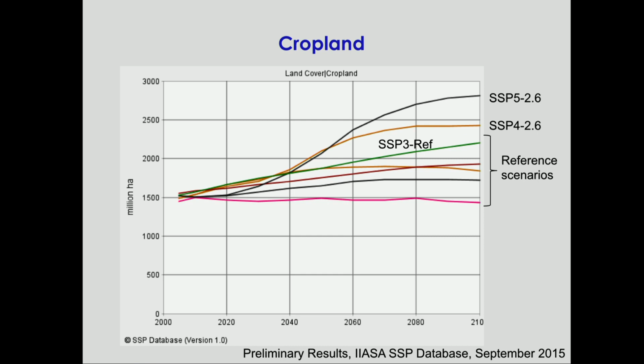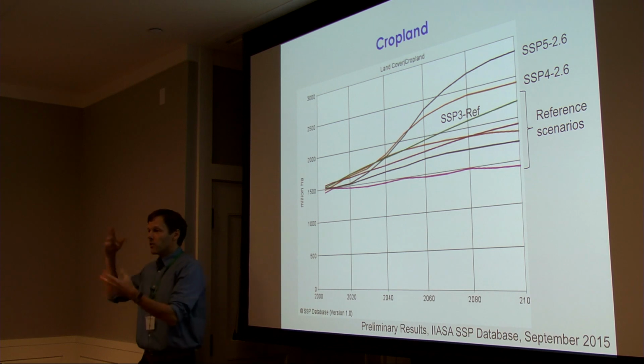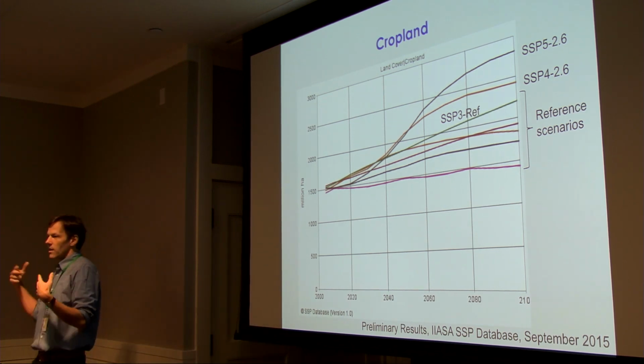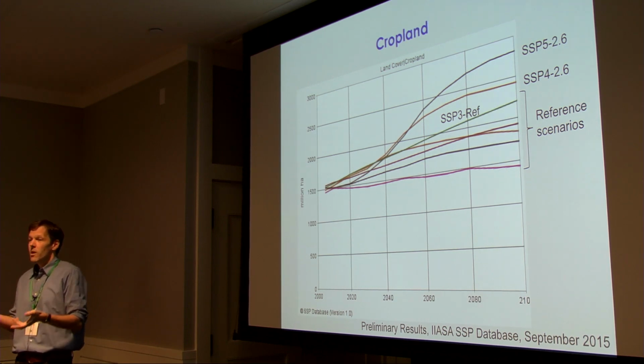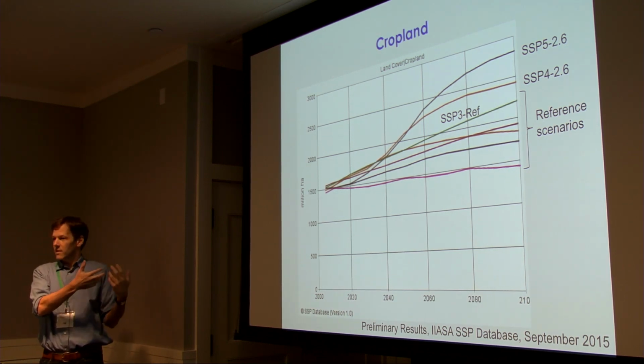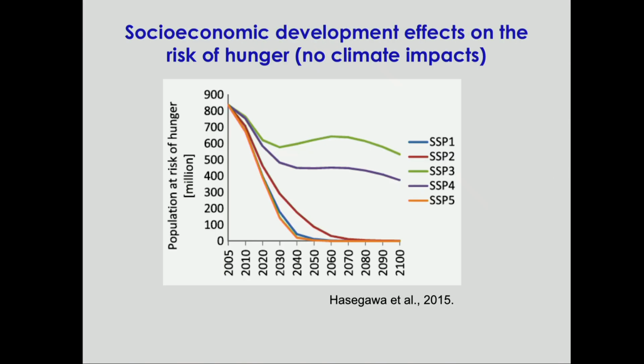The highest use, because these include biomass crops, are in the mitigation scenarios for SSP 4 and 5. So when we're thinking about, like, well, AgMIP design experiments that might be useful to have a lot of bioenergy in them, you'd want to look at the SSPs and say, well, which scenarios are looking like that?